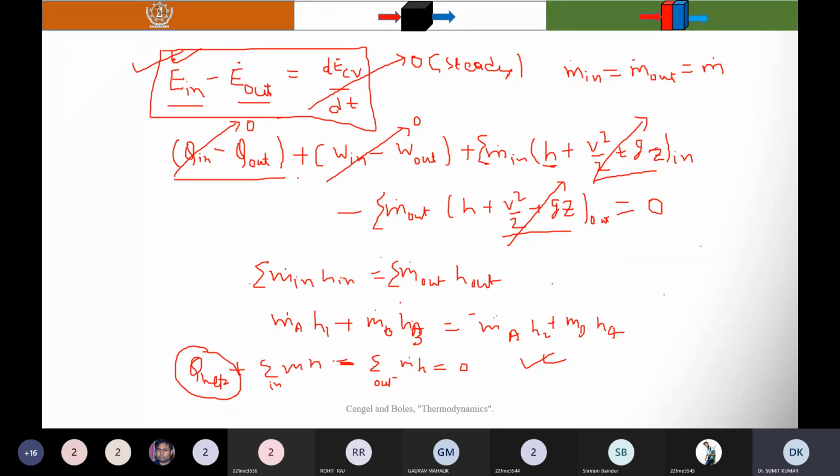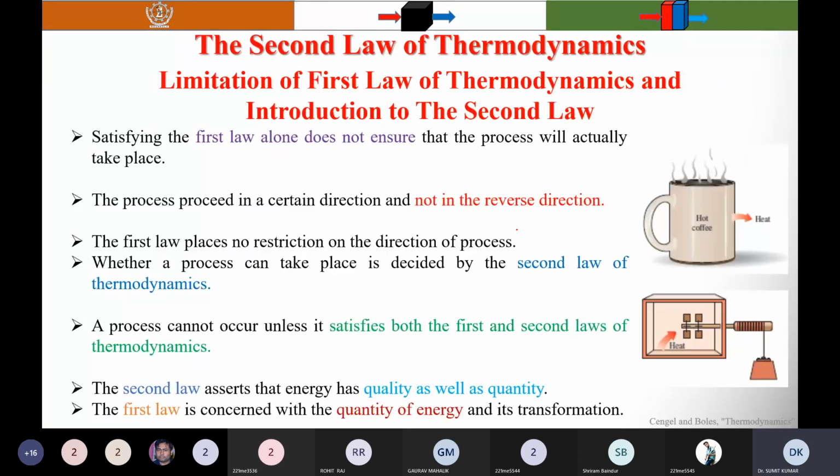The next chapter which I am going to discuss is the second law of thermodynamics. So why do we need the second law of thermodynamics? The first law will tell you the amount of energy transfer, but it does not tell you the direction. Suppose you consider a hot coffee, and outside there are cold surroundings.